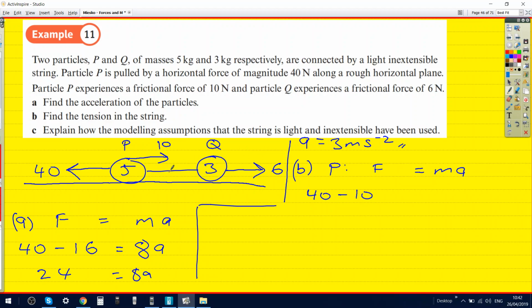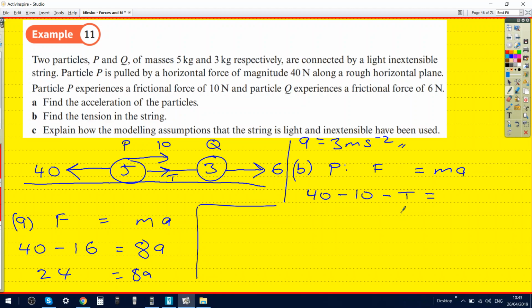So there would also be tension in the string. Right. So 40 minus 10 minus T equals... is it just acceleration times the weight?